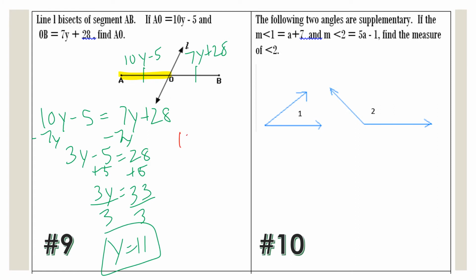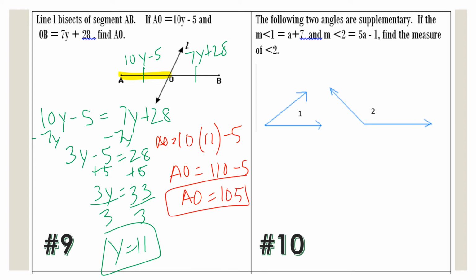So AO equals 10y, which is 11, minus 5. 10 times 11 is 110, and 110 minus 5 is 105. And that is the distance of AO.